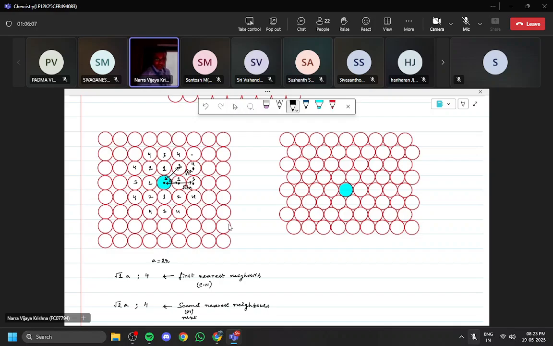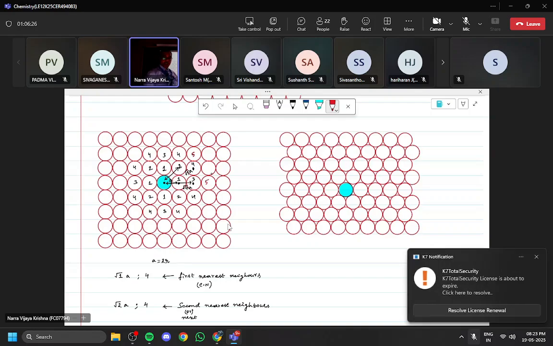Now what about this one? Is this a fifth nearest neighbor or not? Is there anything closer than this? Compare these two and tell me which is closer.